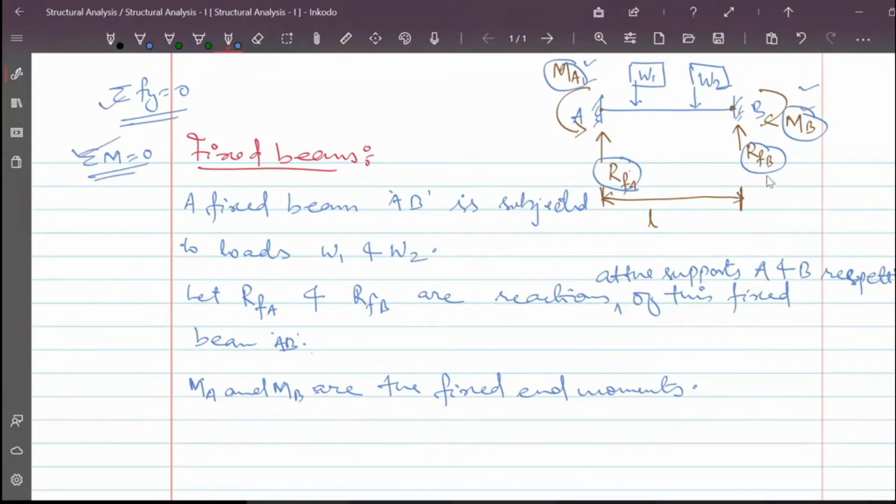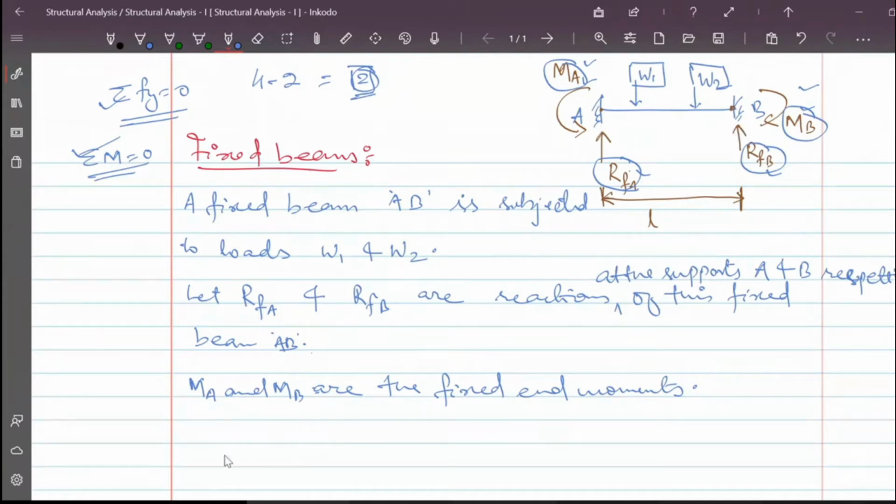Four unknowns minus two equations of equilibrium means 2, so we need two additional conditions in order to find the moments. That can be done in two stages.